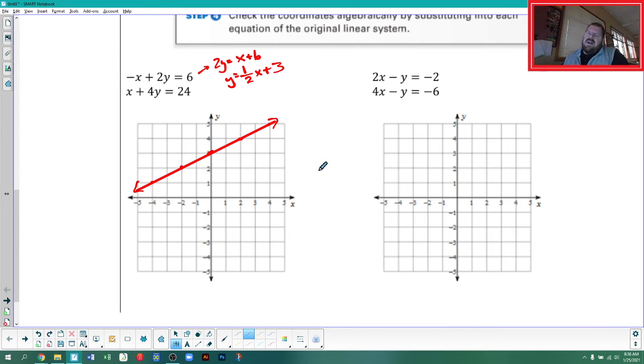Okay. Next one. I'm going to subtract the x and divide by 4. I'm going to get -1/4 x plus 6. If you don't believe me, check it. Still, this one's a little bit tough to deal with, but I know it would be here at 6. I'm not going to put a point there.